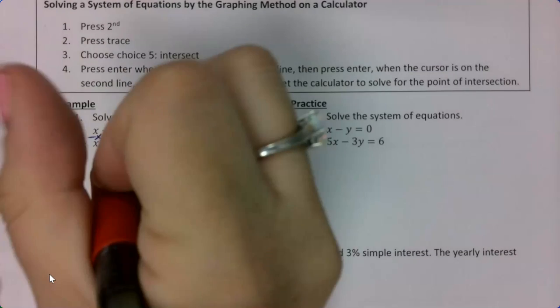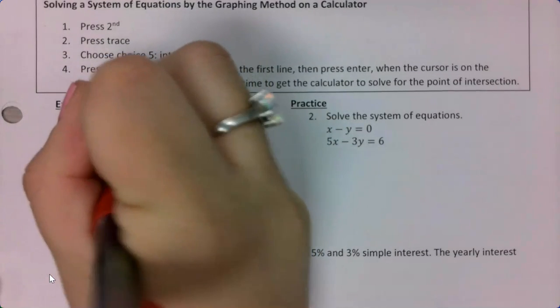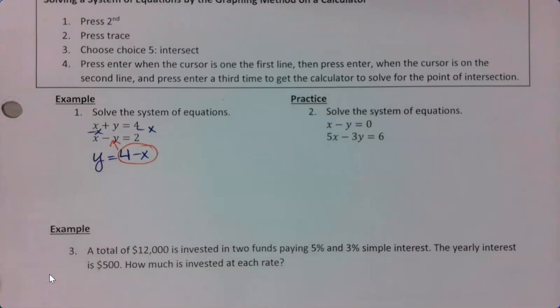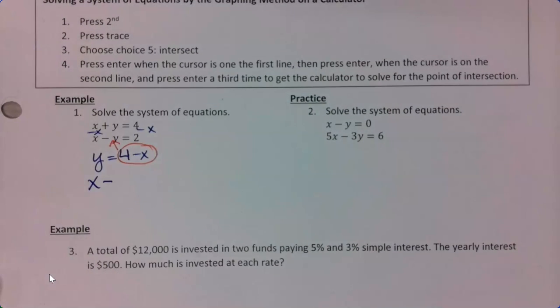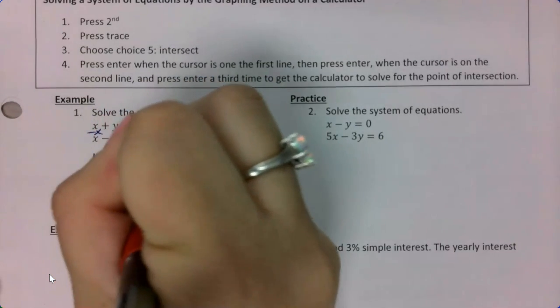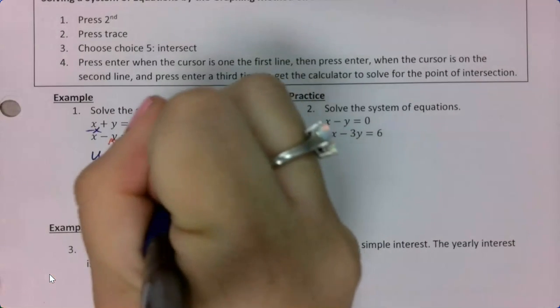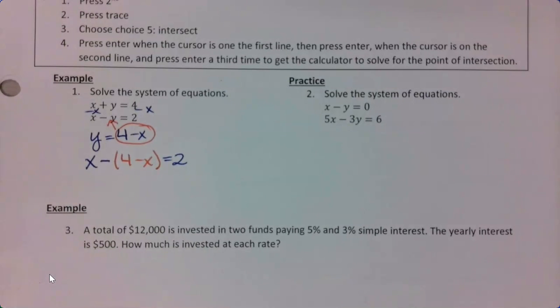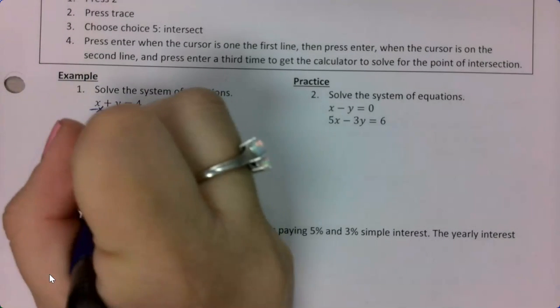Then I'm going to plug this in for the y in the second equation. So instead of writing that y, I'm going to write 4 minus x, and it still equals 2. Okay, then what should I do next? So that's going to make it a negative 4.